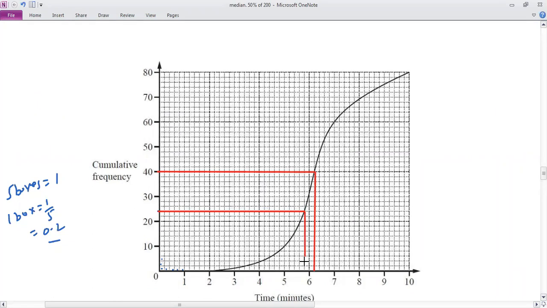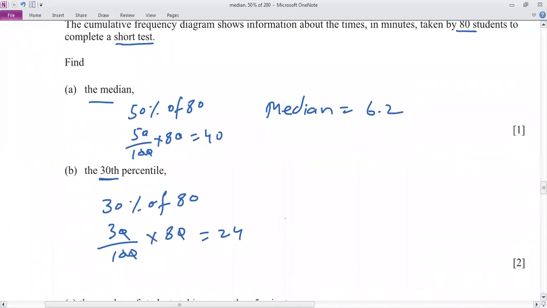And from here it is 5.8. So the 30th percentile time is 5.8. Some students only leave it till this one, and you will get half mark only. You have to draw the line, show the line, and then get that.